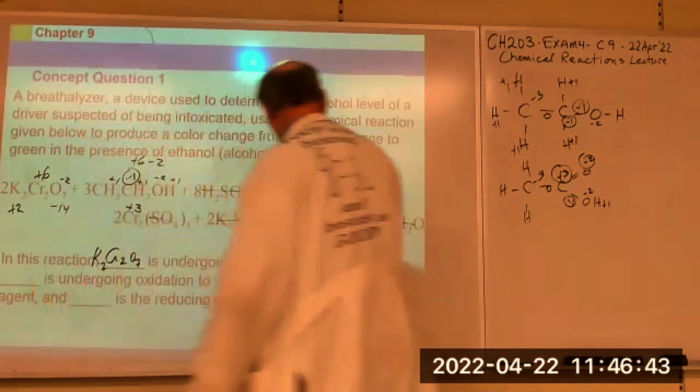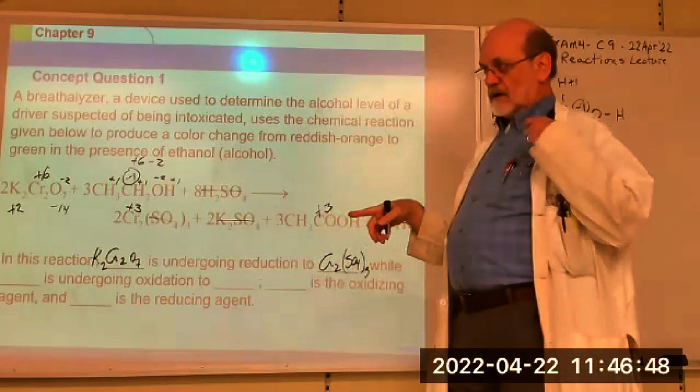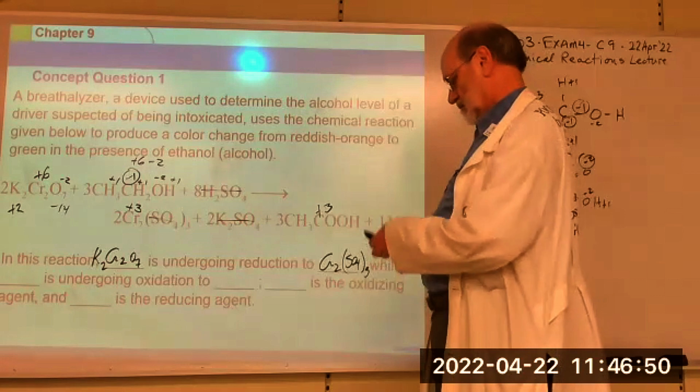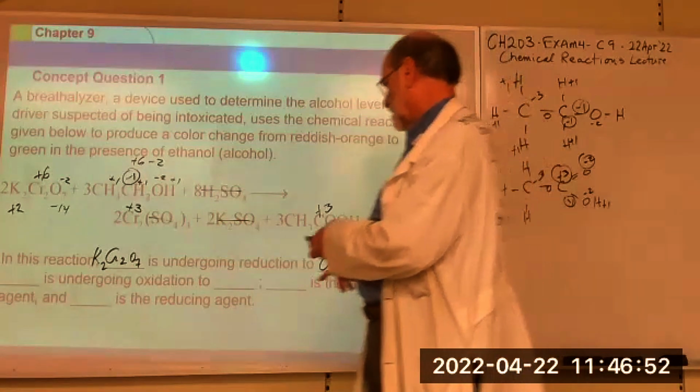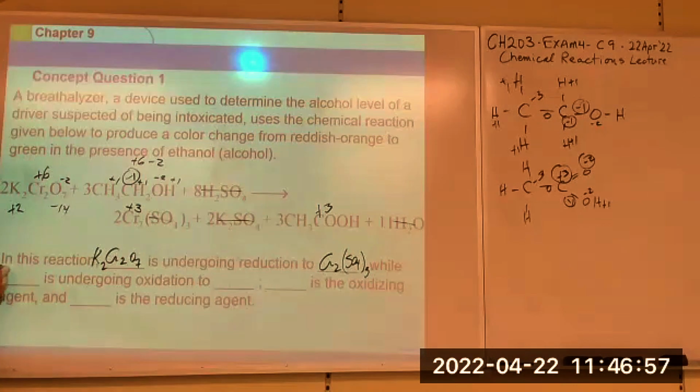So -1 to +3 means that carbon was oxidized. So this one is undergoing oxidation.